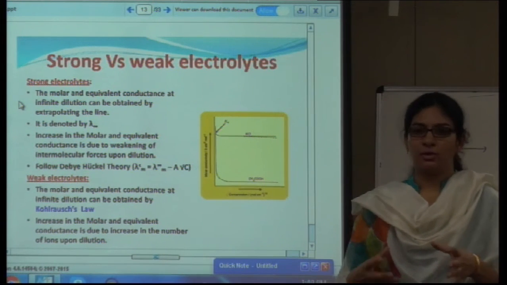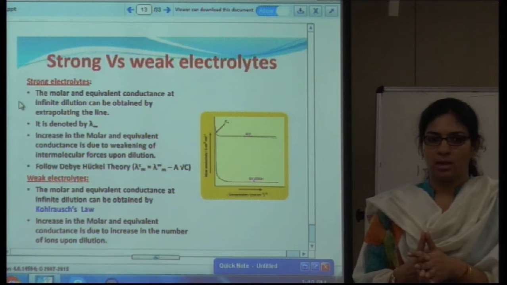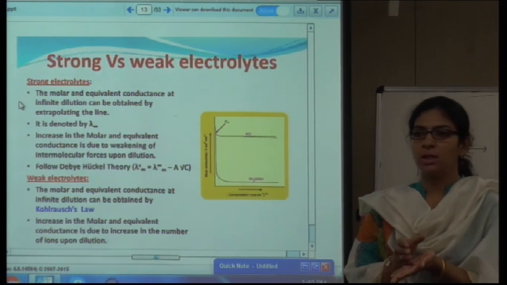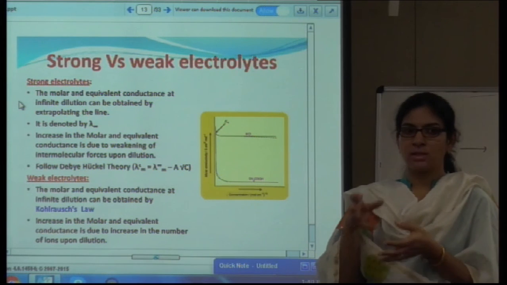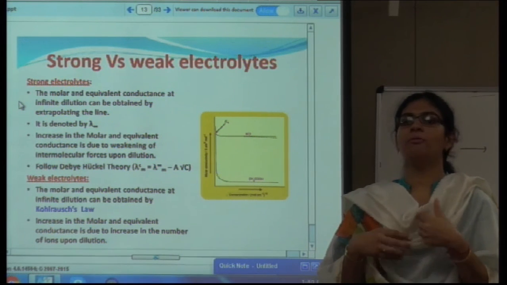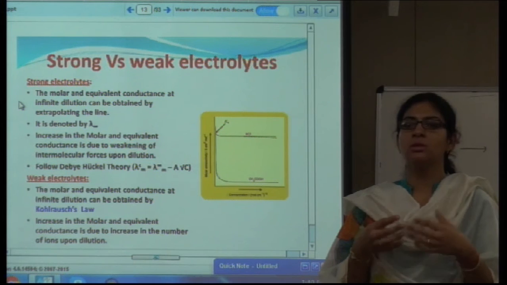If you take 1 molar solution of acetic acid, you will have maybe probably 20% of that dissociated, but you dilute the solution, the dissociation will be more, and maybe you can have 40% acetic acid which is dissociated.